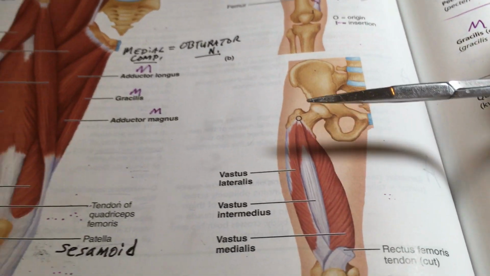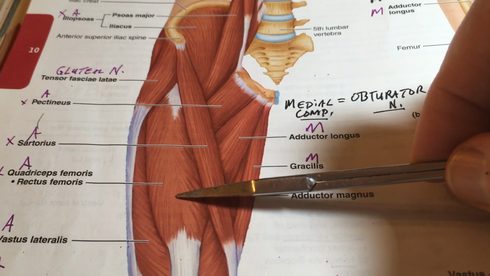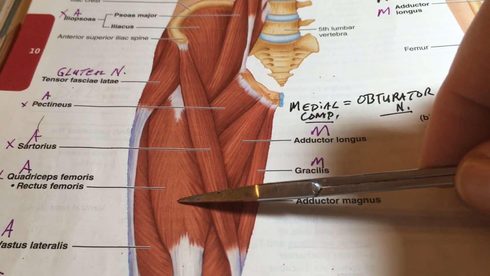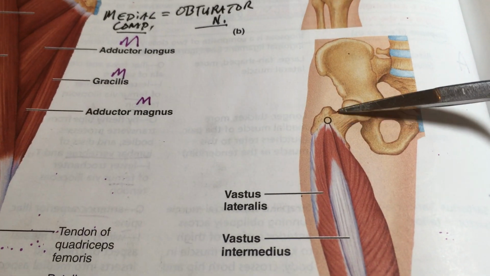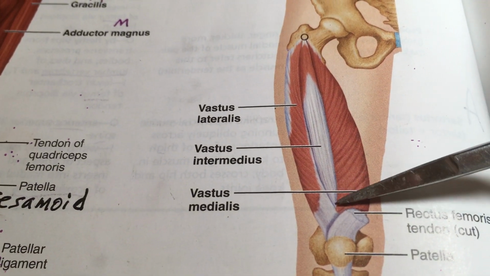So this guy right here, the quadratus femoris, rectus, I'm sorry, it's the rectus femoris, is starting at this spot right here and coming down and joining with the other muscles.